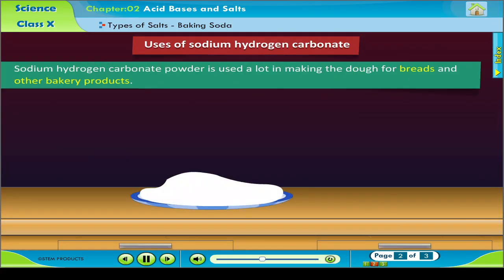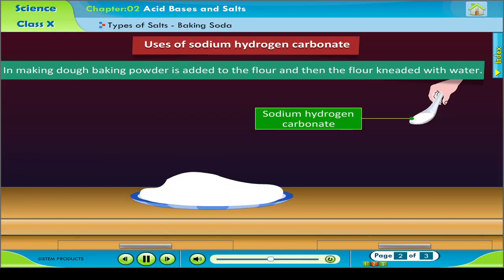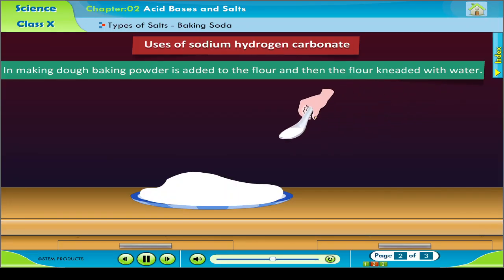Sodium hydrogen carbonate powder is used a lot in making the dough for breads and other bakery products. In making dough, baking powder is added to the flour and then the flour is kneaded with water.